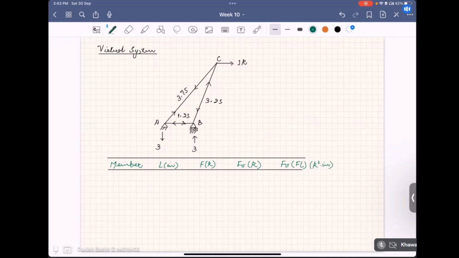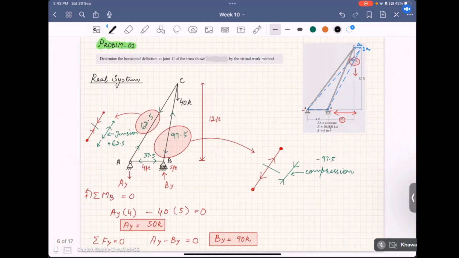Okay. So what are the members? We have member AB, member AC, and member BC. Okay. You can easily compute the lengths of all these members from this. We have been given this 12 feet, this 5 feet, this 4 feet.